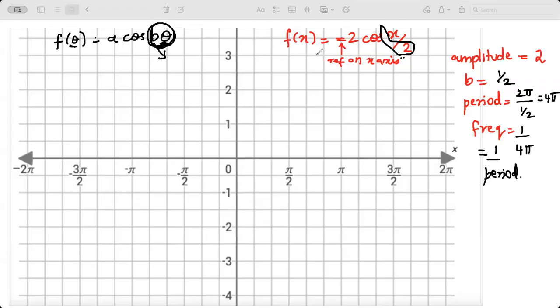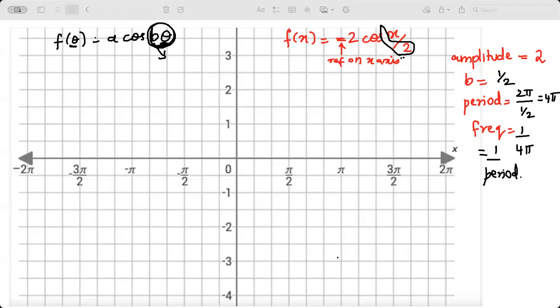When you multiply things with the x value, it's a horizontal compression or stretch. You remember, even in a parabola, whatever was in the denominator was your factor. The same logic applies here. You don't need to change anything in the transformations that you have studied. So here the period is going to be 4 pi.